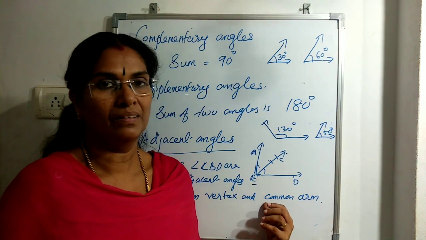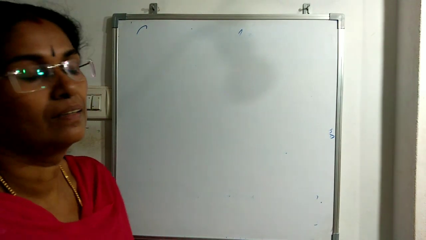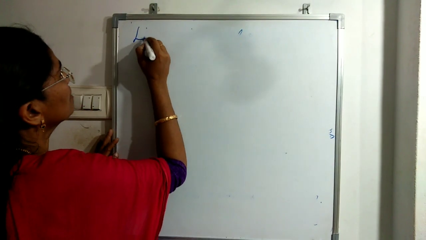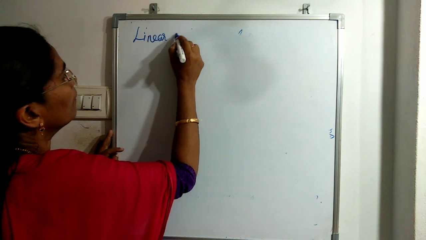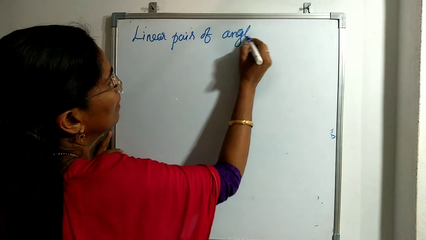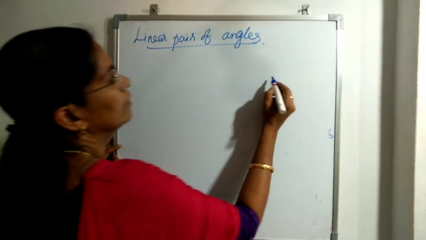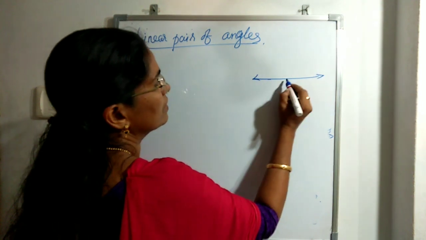Clear this one? Okay. Our next topic is linear pair of angles. From the figure it is very easy to understand.